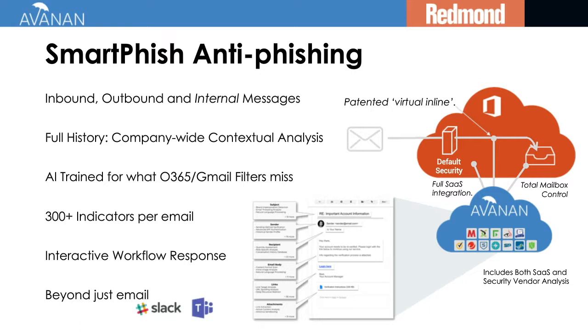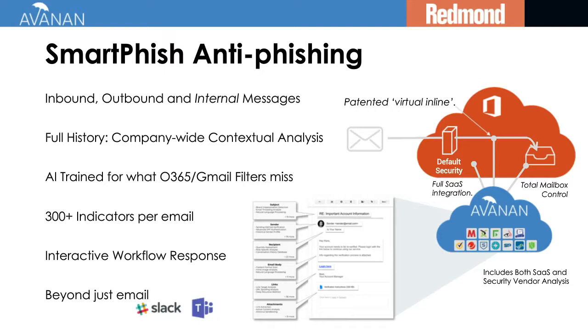So we see it before the user does. We have developed this AI, machine learning system, to catch what Microsoft doesn't. There are a few key benefits there. One, not only do we monitor inbound, outbound, but we also are able to monitor internal messages that actually might be missed by the outbound-facing security.